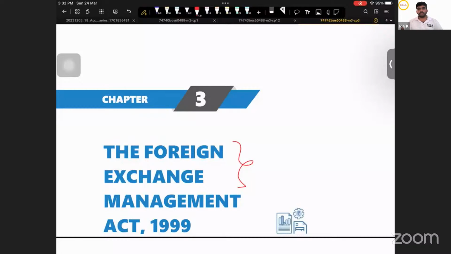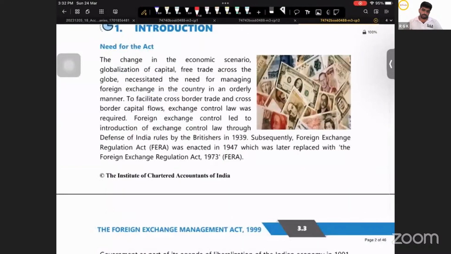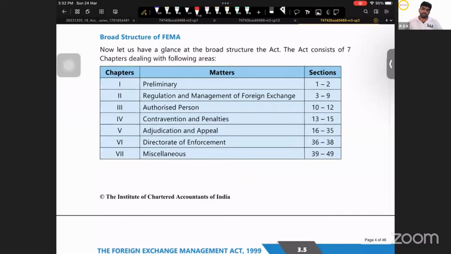Speaking about this chapter, if you see the sectional division, the chapter has 49 different sections as a whole. But for us, we have very limited sections, that too from chapter 1 and chapter 2. Certain important definitions are given to us, and from chapter 2, we have some important sections covered in our syllabus in CA intermediate.